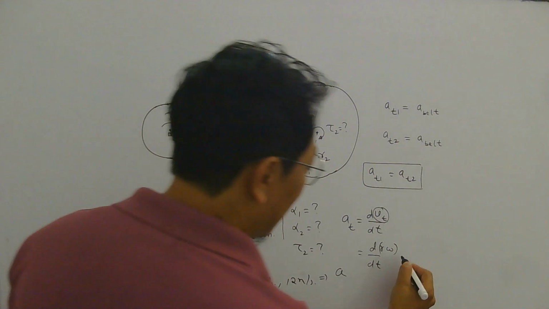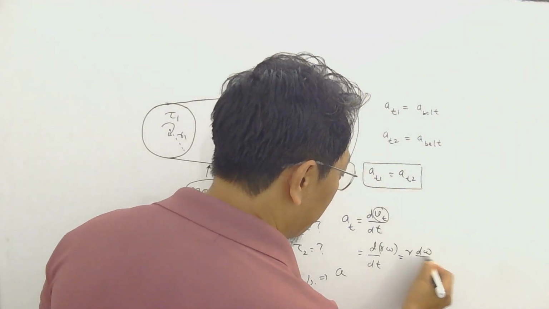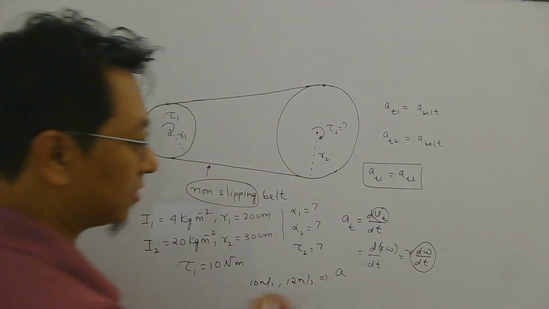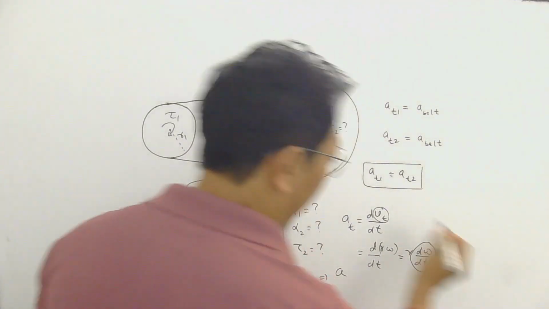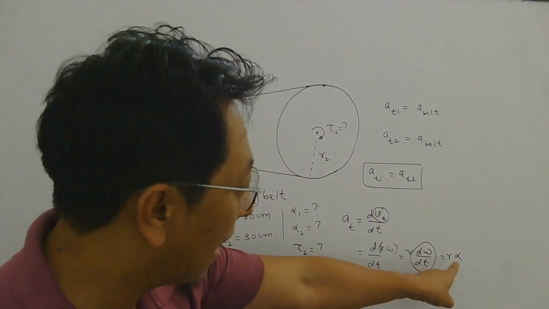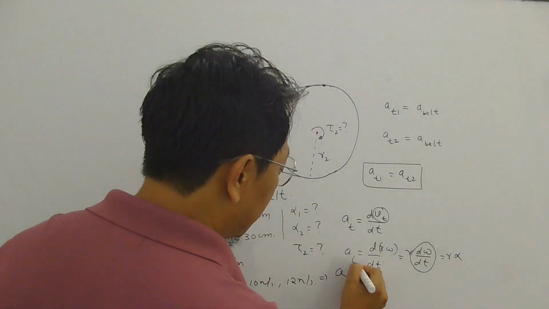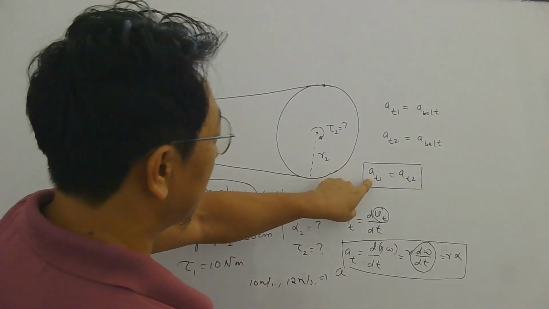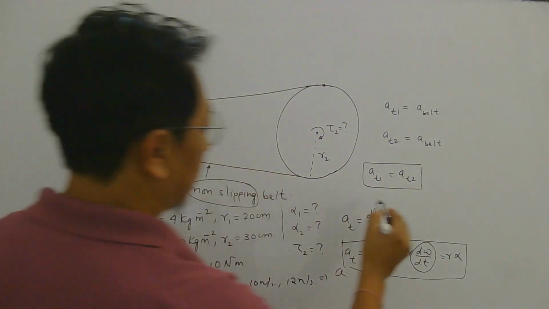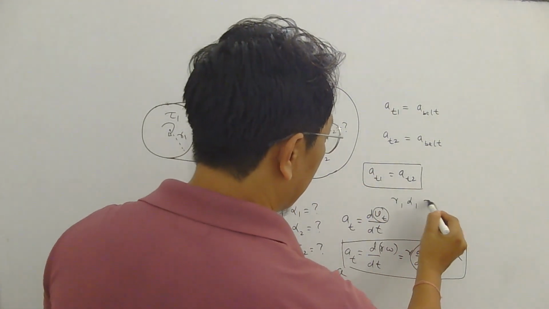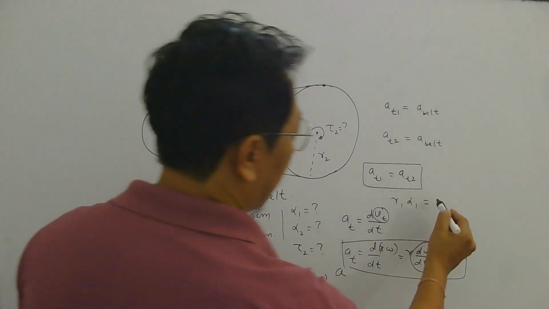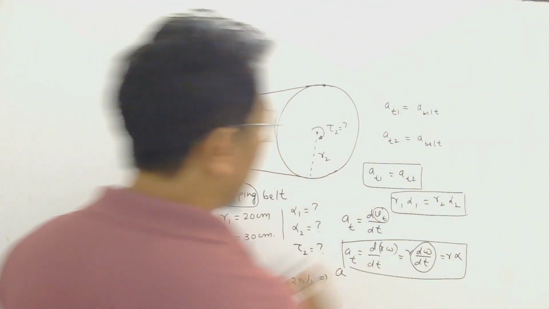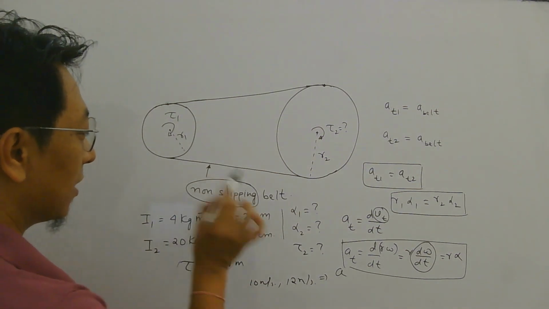But r is constant, so you can take it outside, and this is called the rate of change of angular velocity, which is called angular acceleration, written as alpha. So tangential acceleration is what? R alpha. So the tangential acceleration of the first disk will be r1 alpha 1, and for the second disk will be what? r2 alpha 2. So these two should be the same because of the no slipping condition.